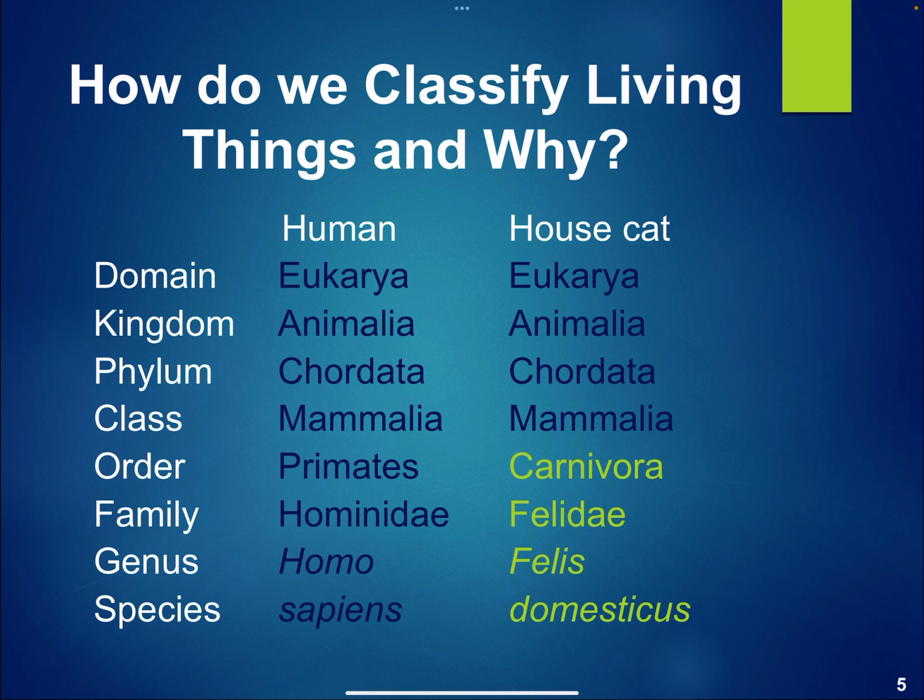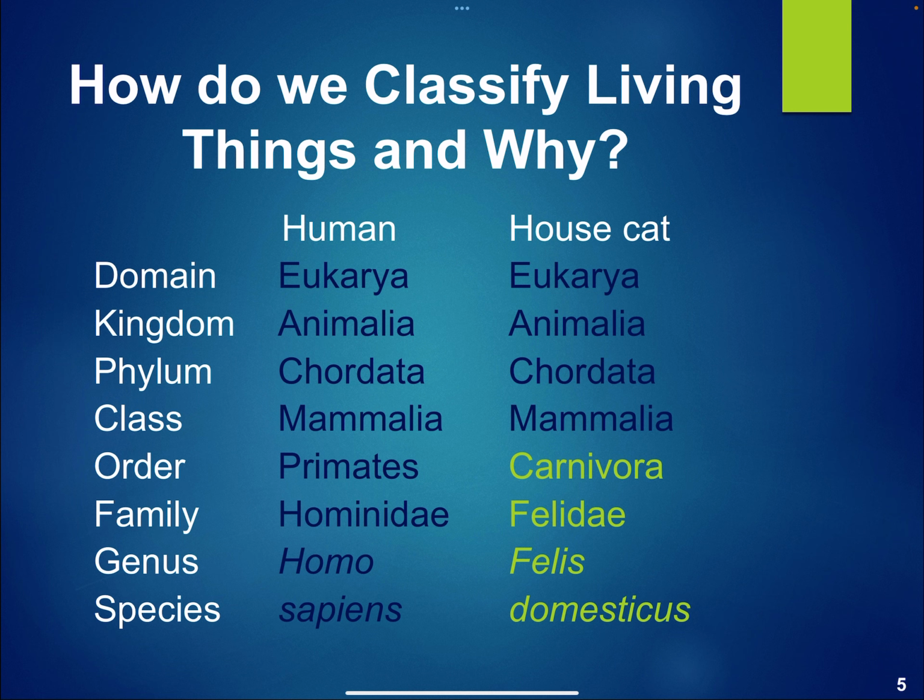Now, as we consider life, we have to be able to classify living organisms. And the reason why we have to be able to classify living organisms is because by knowing how living organisms are connected, we can actually solve a lot of our problems, right?